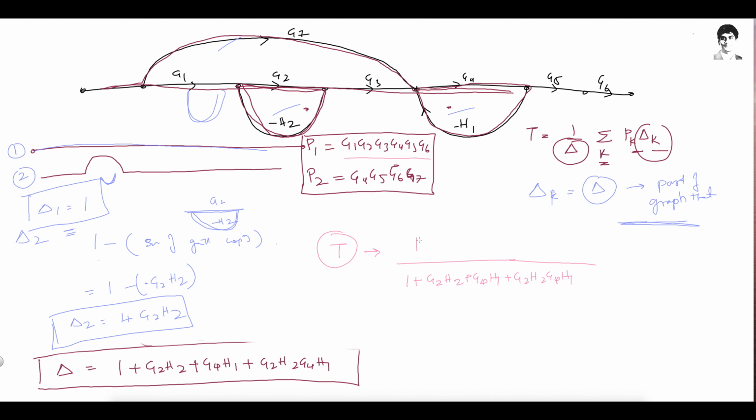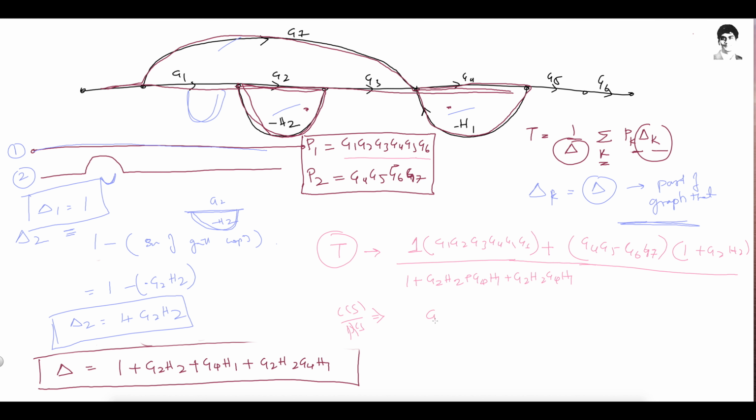What is delta 1? Delta 1 is 1. So 1 into G1, G2, G3, G4, G5, G6 plus what is P2? P2 delta 2. P2 is G4, G5, G6, G7 into what is delta 2? 1 plus G2H2. Just simplify this and you will get the transfer function C of S by R of S.